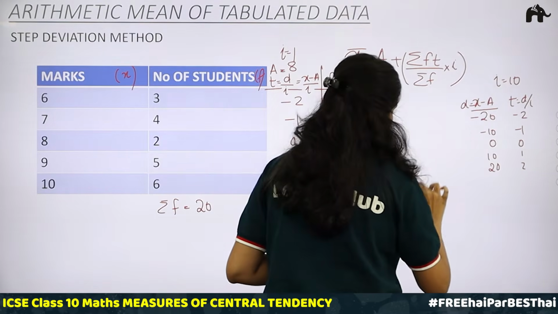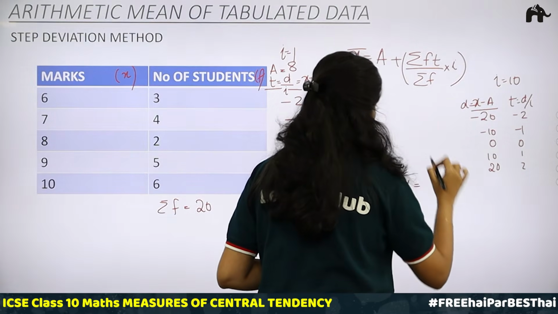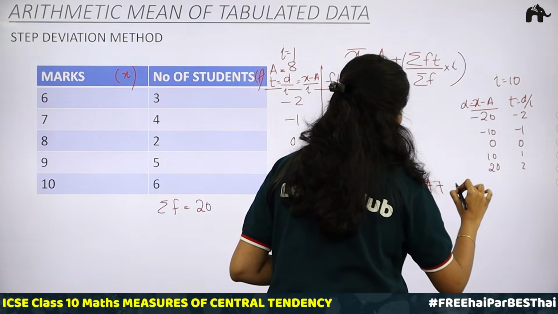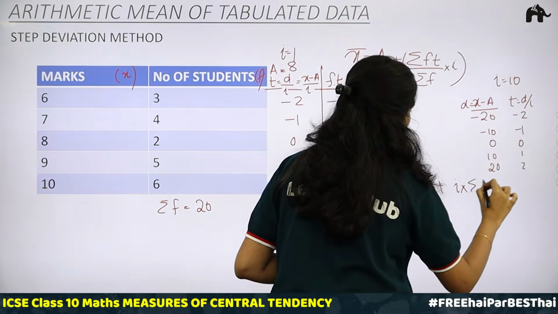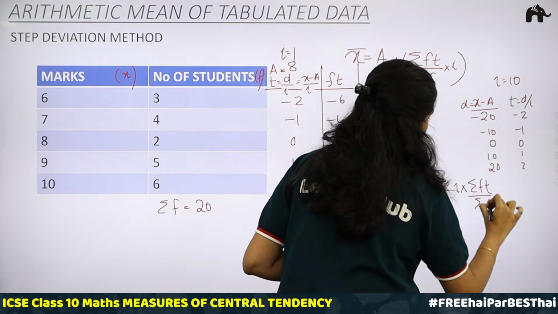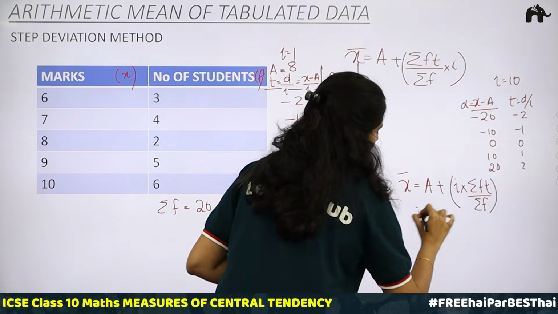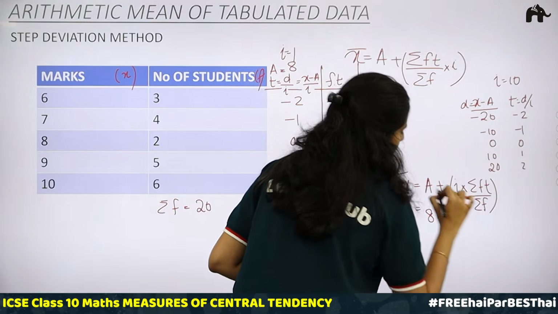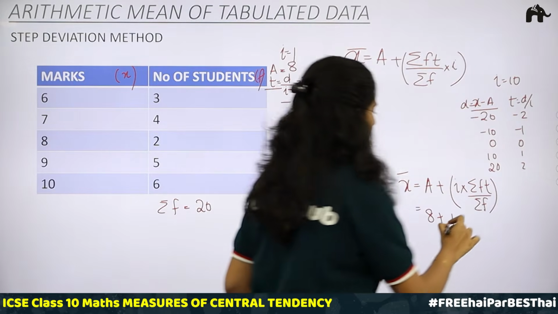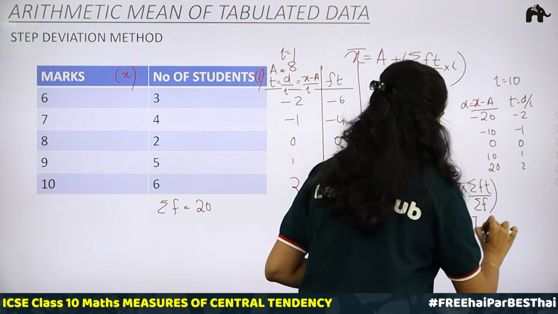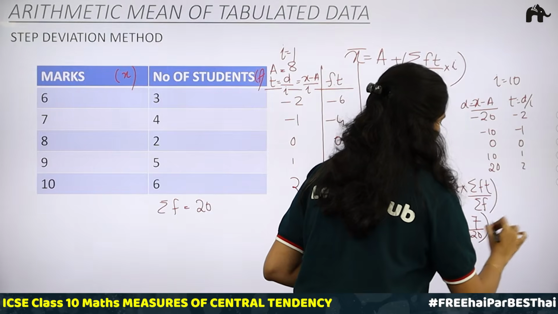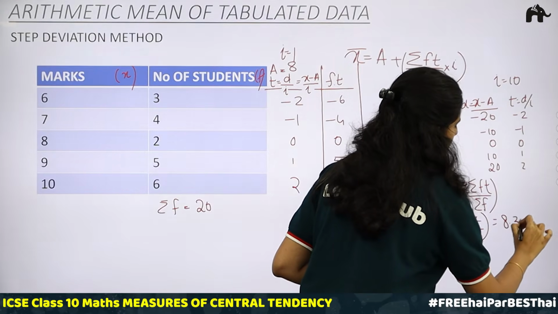Then mean is equal to a plus I into summation ft divided by sigma f, and that is 8 plus I, here it is equal to 1, sigma ft is 7 divided by 20, on adding you will be getting 8.35.